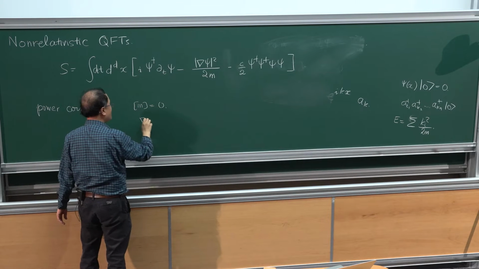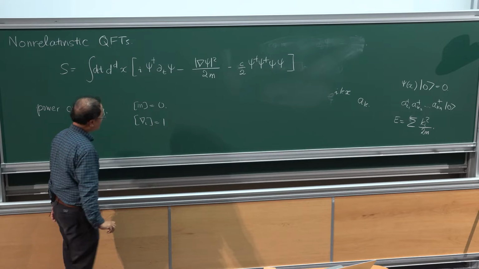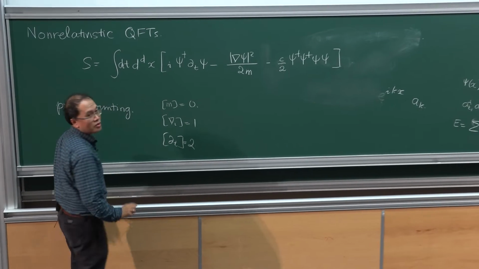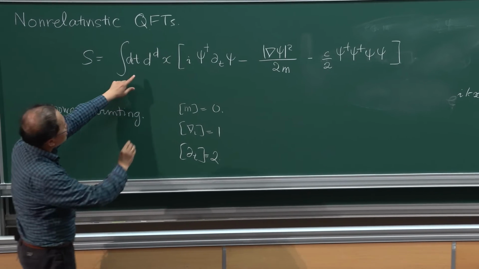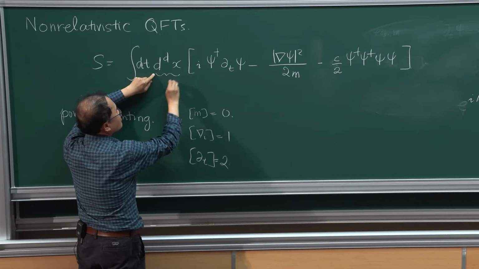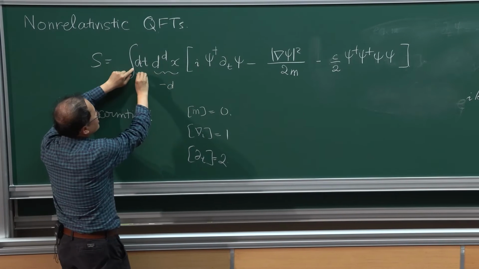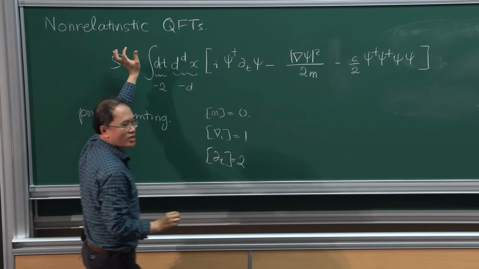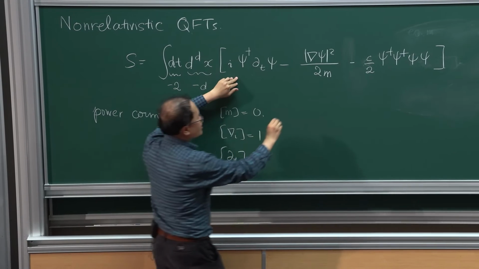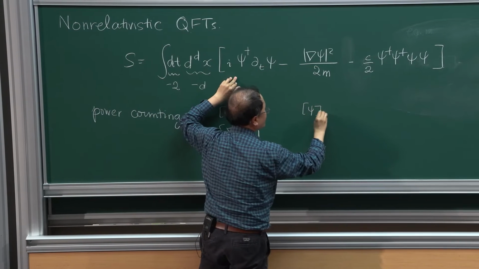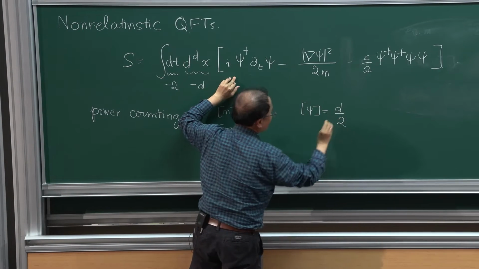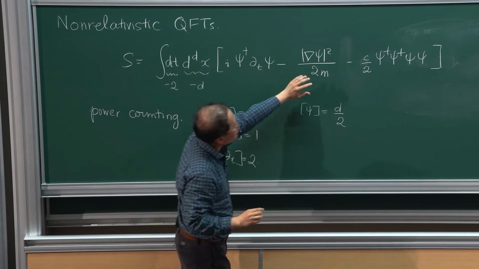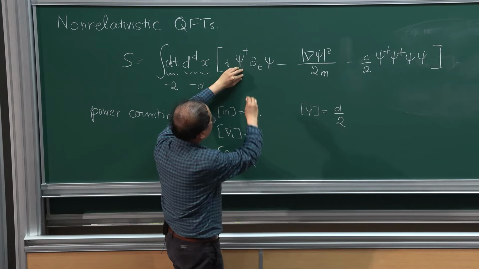If we assign dimension 1 to the derivative with respect to space, then the derivative with respect to time has to be assigned dimension 2. Space then has dimension -1. This factor has dimension -d. This has dimension -2. And if you require that the action is dimensionless, the dimension of psi is then equal to d over 2. Again, d is the number of spatial dimensions. Then this term and this term would have the same dimension of d plus 2.